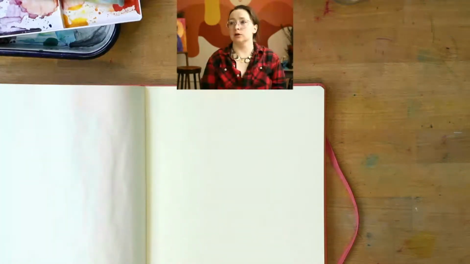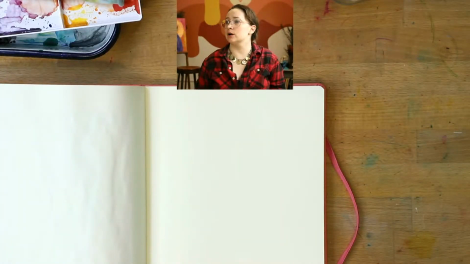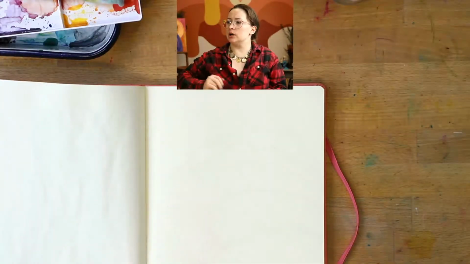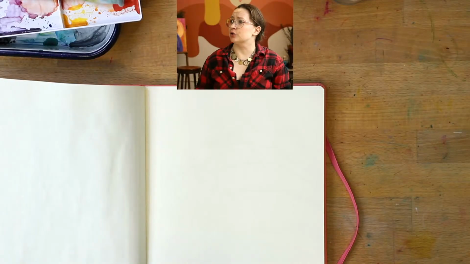Rock cluster. Let's just look that up and see what comes up. All right. Let me find a good starting point for me. There we go. We can do that. Let's do a rock cluster.